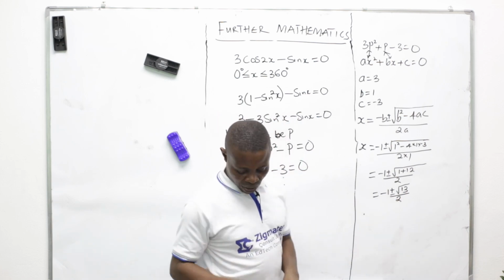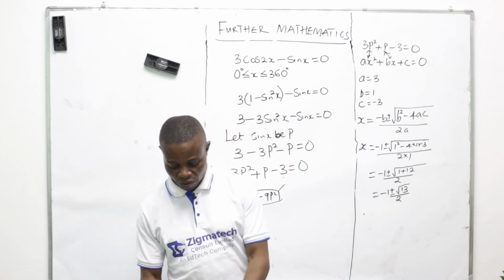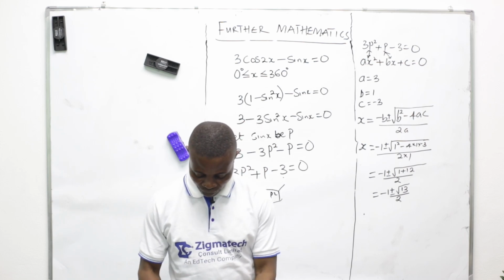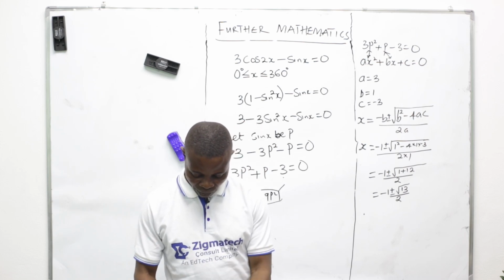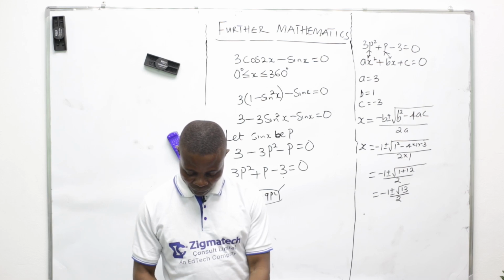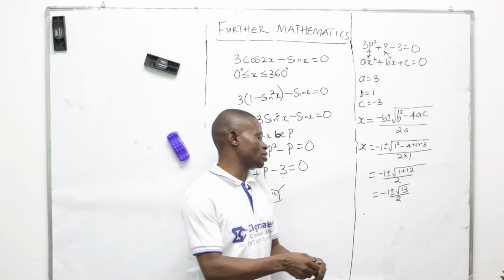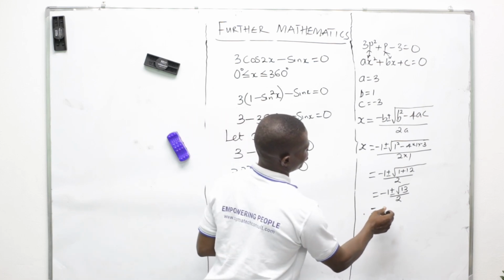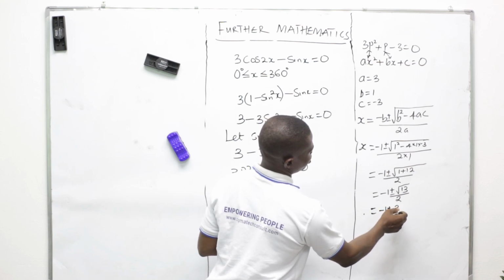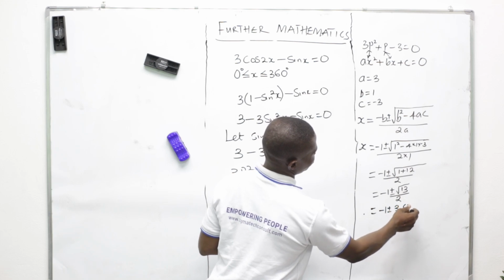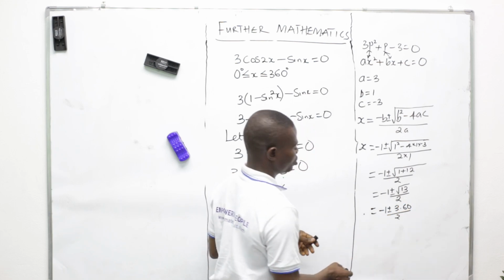Now let us take the square root of 13. Root 13 is 3.60. Minus 1 plus or minus 3.60 all over 2.